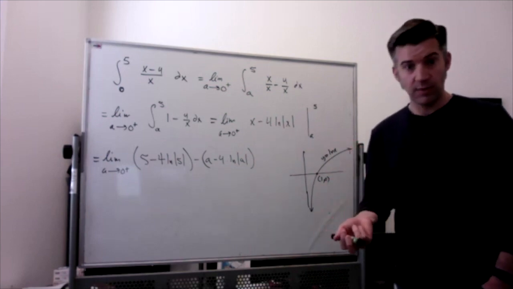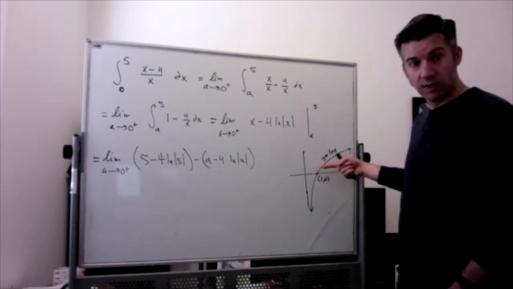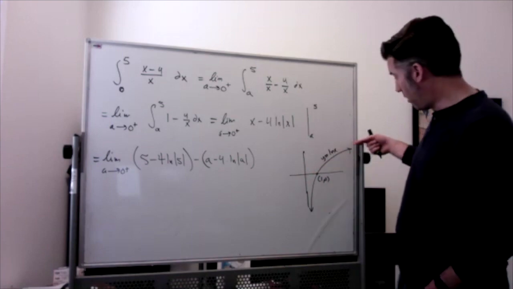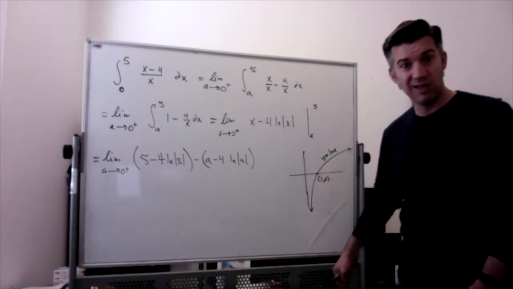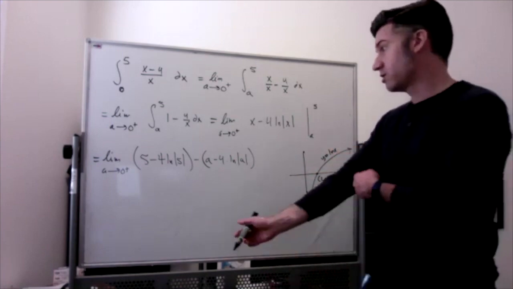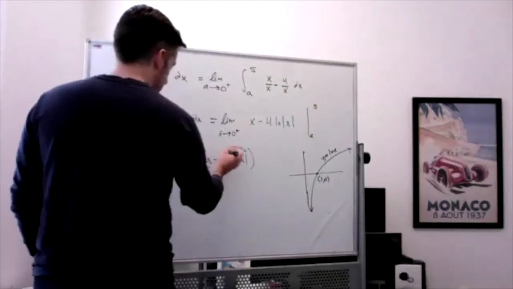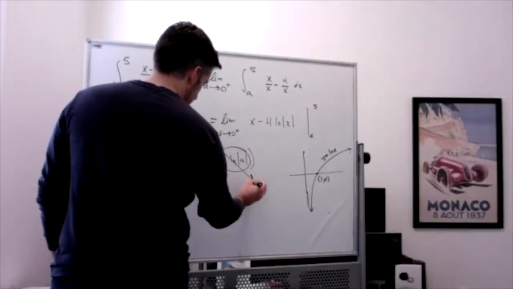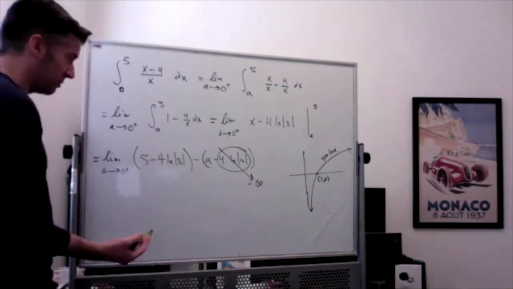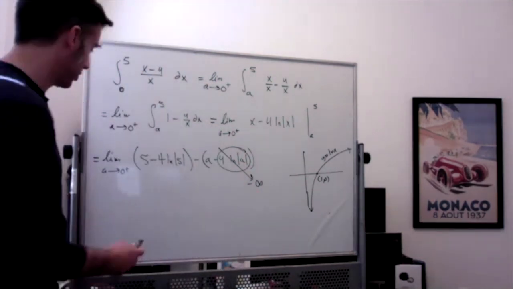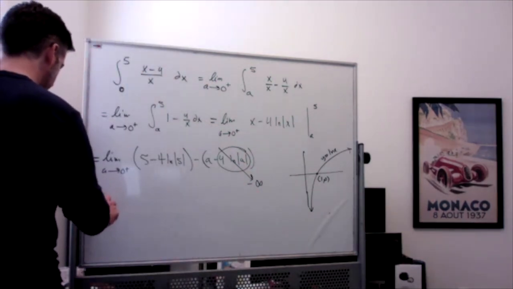And notably, as the x values go to 0, the y values go to negative infinity. So this part here is going to go to negative infinity, which means this whole thing is going to diverge. So I would say this diverges.